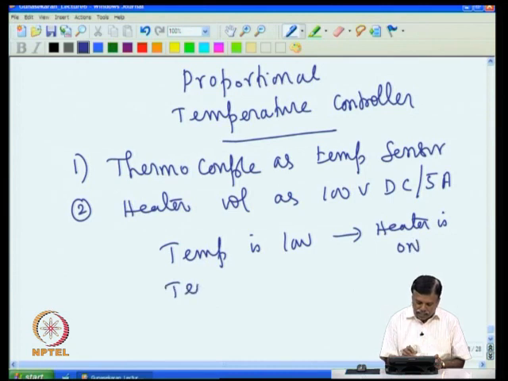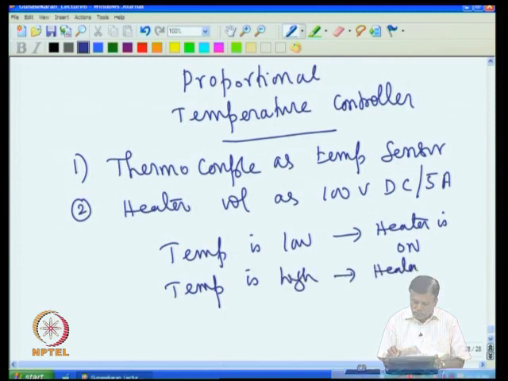If the temperature is higher than the set temperature, then the heater is off. This is what we had seen, with high and low with respect to the set temperature. For example, if I set 50 degree, if the temperature is lower than 50, then the heater is on. If the temperature is higher than 50, then the heater is off.